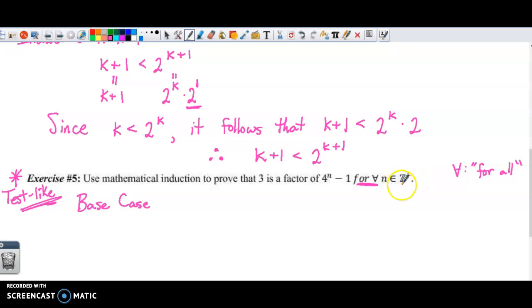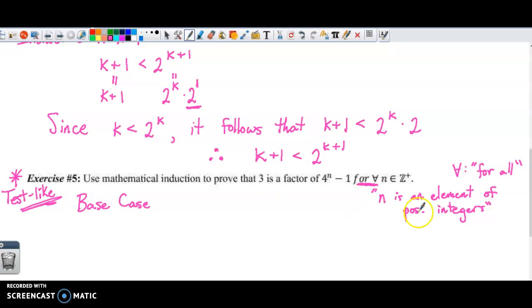You've seen this Z before. You may not have seen this e before. It says n is an element, that's what that e stands for, of positive integers. That's what that plus sign means at the end.